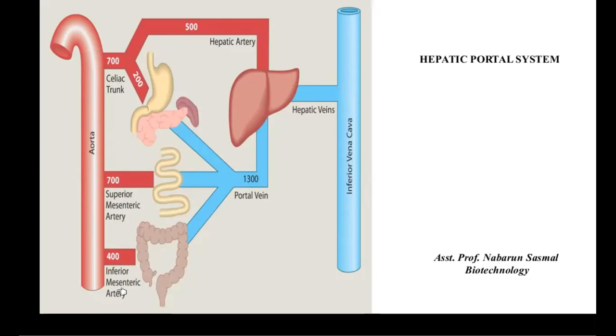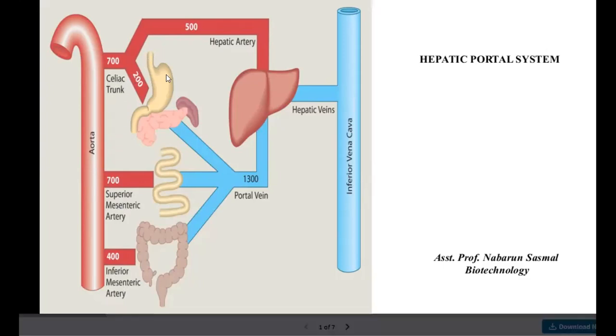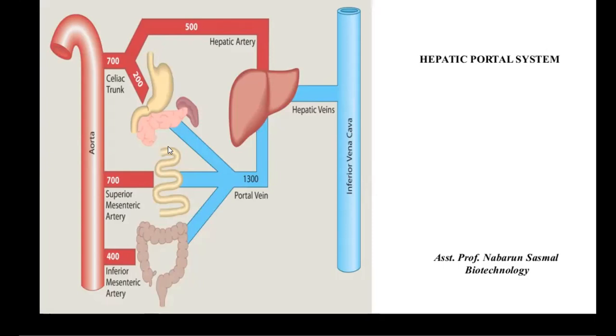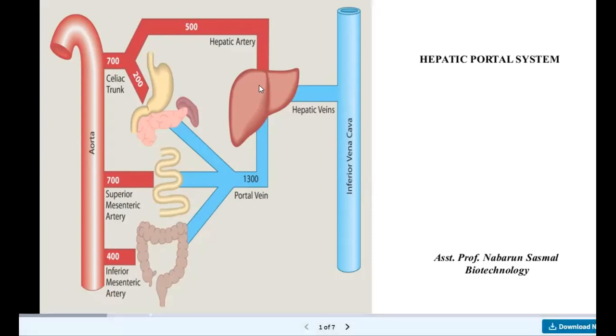And we had said that the celiac trunk will give supply to the stomach, the pancreas, and the spleen, maybe a little part of the, and of course the liver.